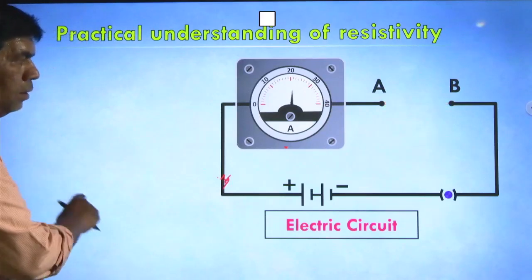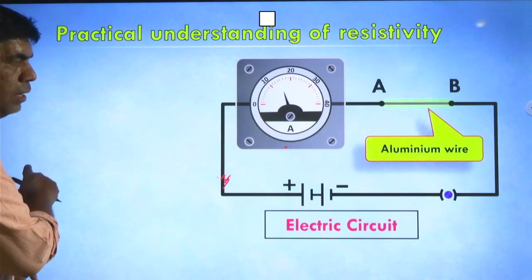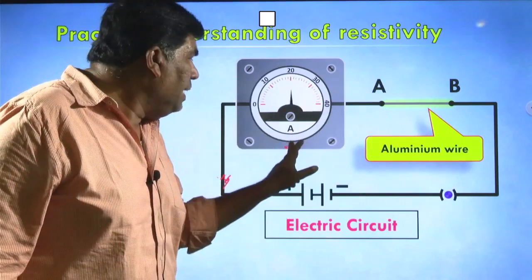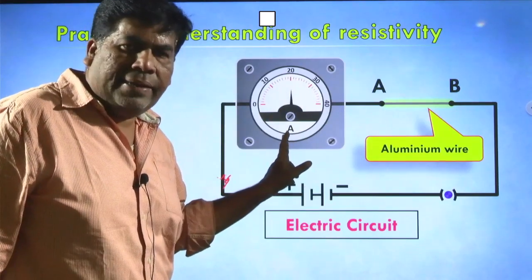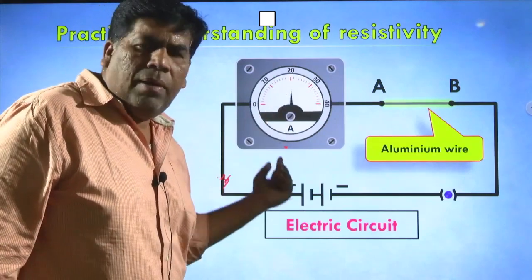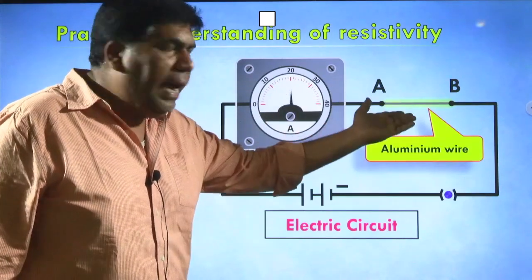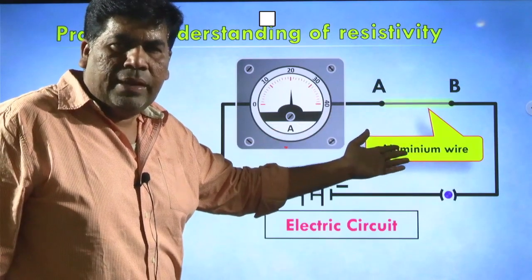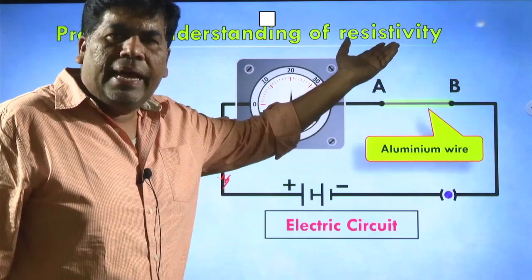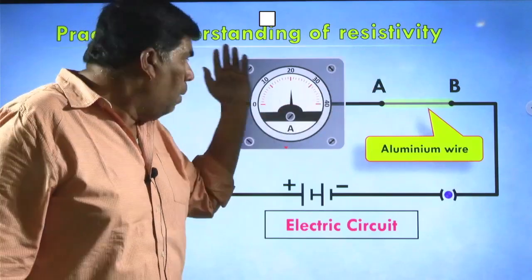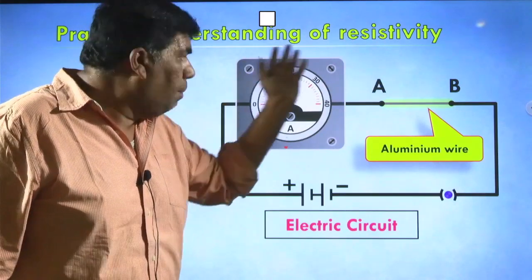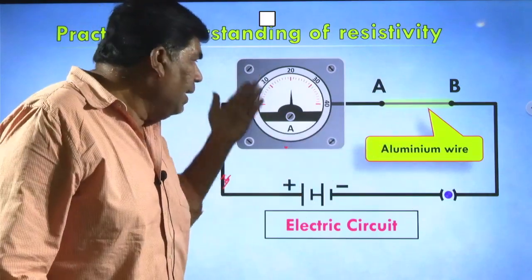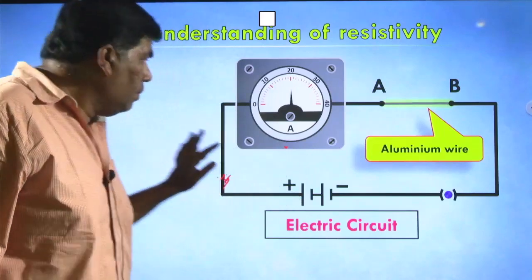Suppose in the place of copper wire I keep an aluminum wire, then the ammeter is showing 20 amperes current. Means current became less. Why? The kind of material we are using for the connecting wire is different. In the case of copper wire, the resistance is less, so that's why it showed more current. But aluminum wire shows more resistance, so that's why it is showing less current.